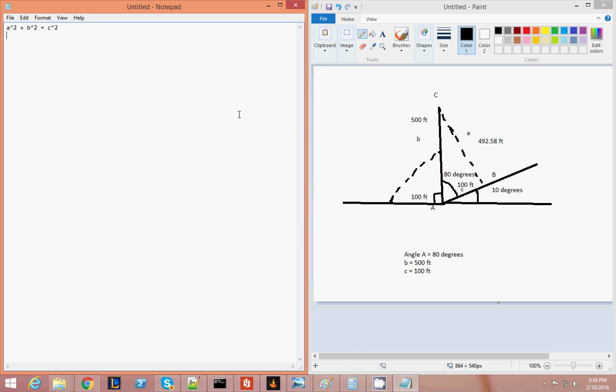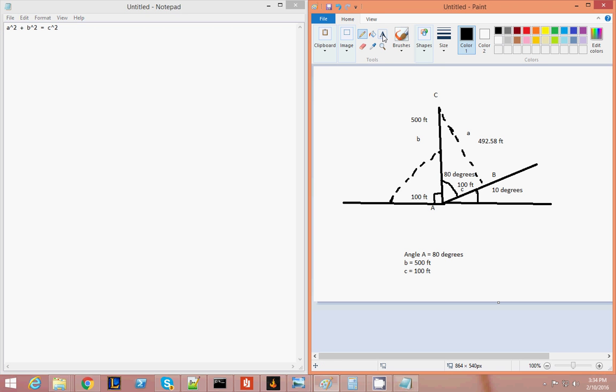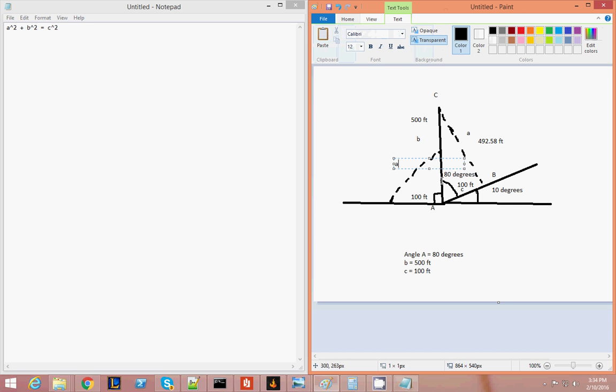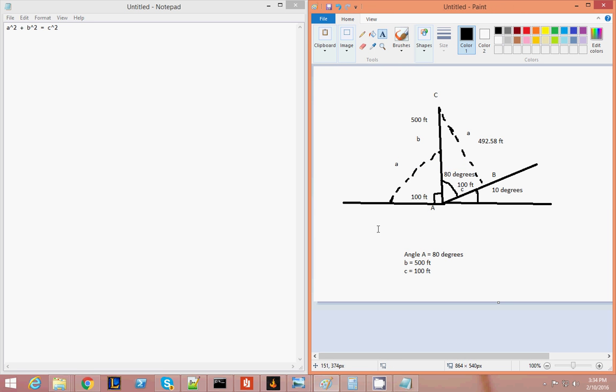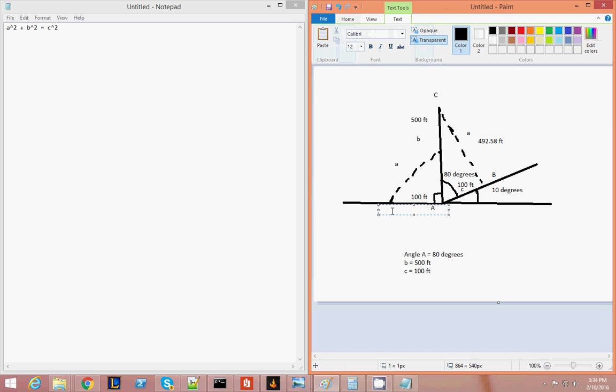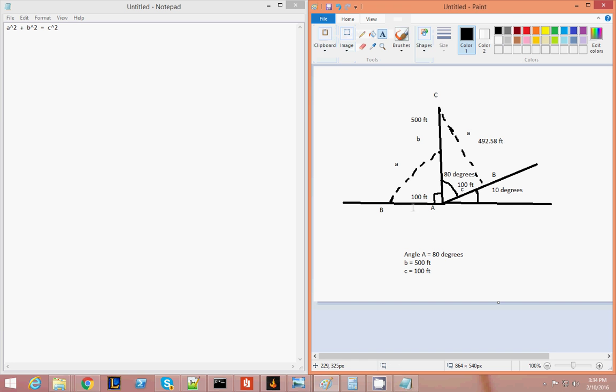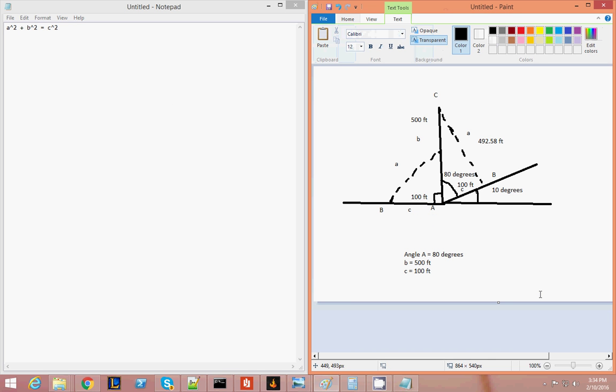And then let's define angle B, and little case b be the height here, and then c over here, and then this would be little c. So lowercase a, we don't have it, so we say a squared, and then b is going to be the 500 squared, and then we have c, which is 100 feet.